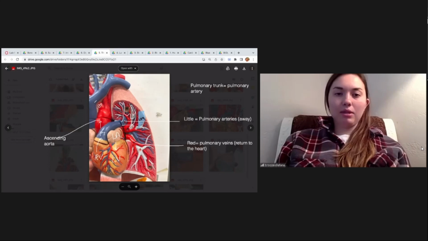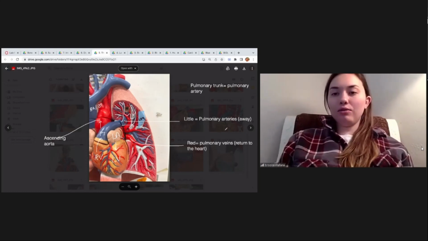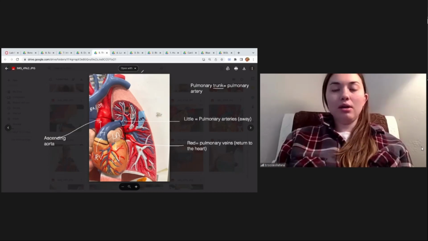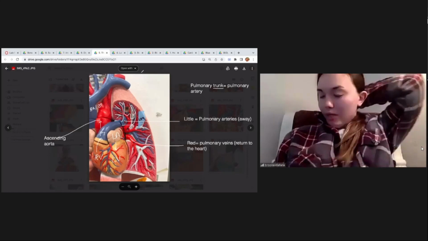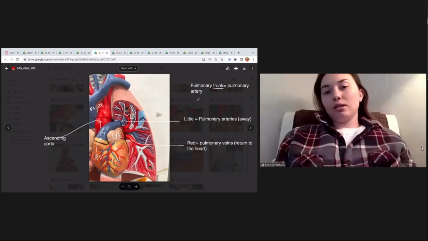And this is the same thing. You can either say brachiocephalic artery or brachiocephalic trunk. If you want to know which one I would recommend writing down, I would recommend writing trunk. Trunk is more correct, but it's also written down in textbooks and it could be on your test as artery, right?